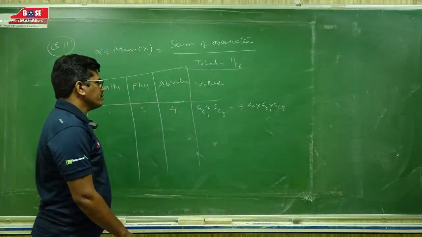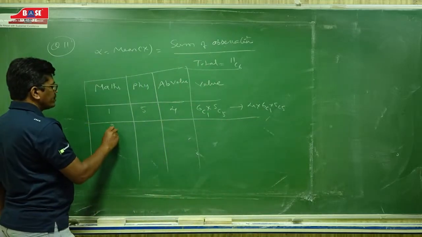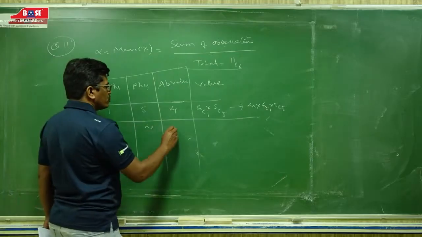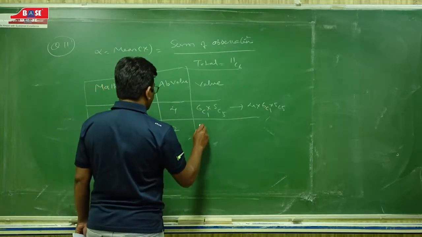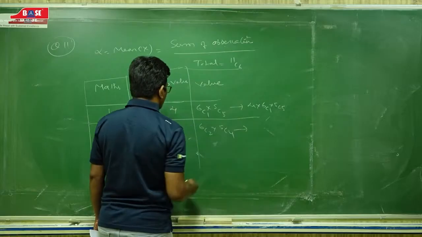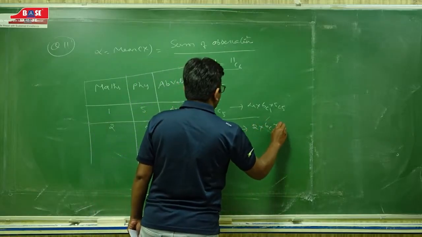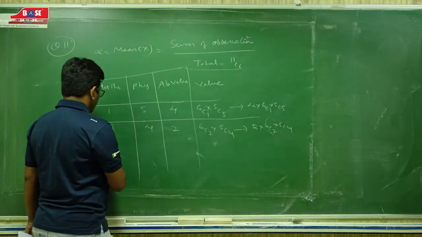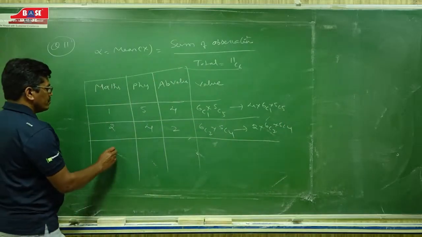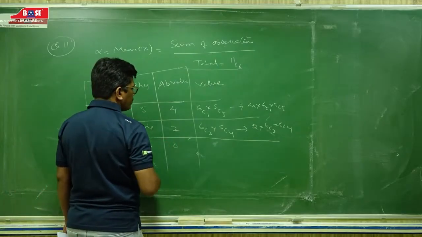This is the first combination. And next, you can select 2 maths, 4 physics, total 6 books, difference is 2. This can be done in 6C2 into 5C4. Total value is 2 into 6C2 into 5C4. This is the second combination. And third, selecting 3 maths, 3 physics, here the difference is 0.